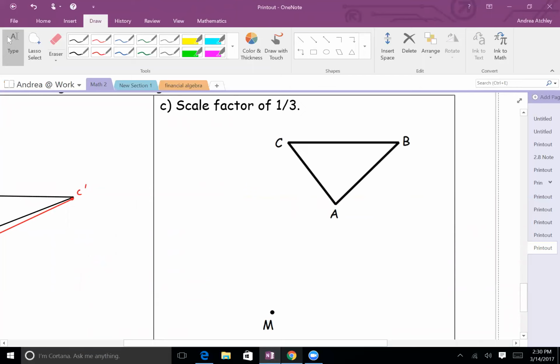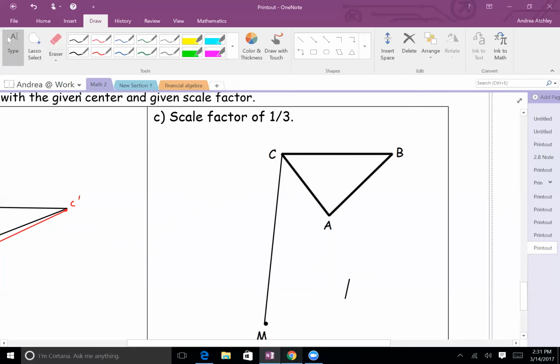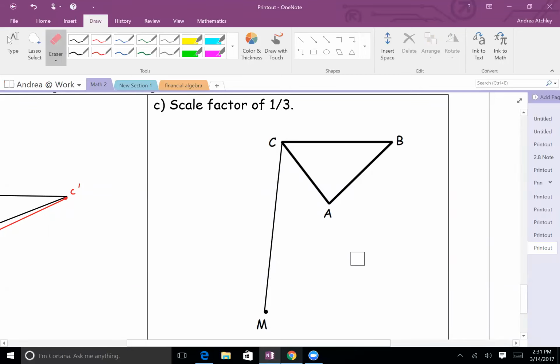I'm going to draw a line from M to C. Okay, connect all those from M to all the vertices. And then look at me when you're done so I know you're done.